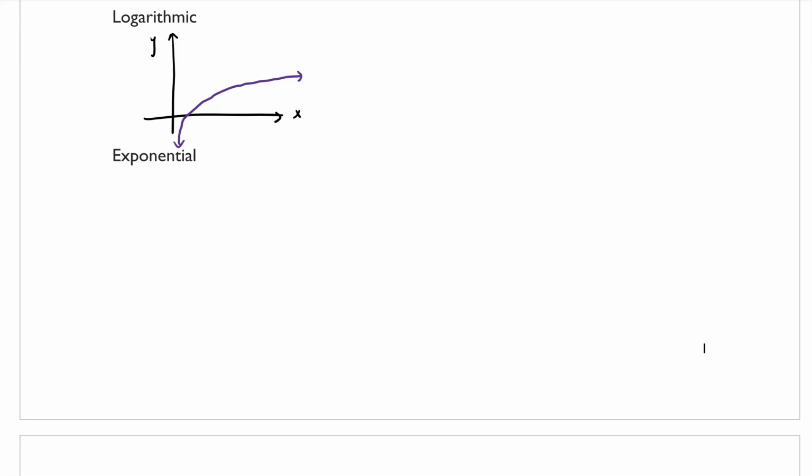And the reason that they use that is to make really, really large numbers scale down so that they're more easily usable. And for a logarithmic function, it's going to look something like f of x equals a plus b times the natural log of x.